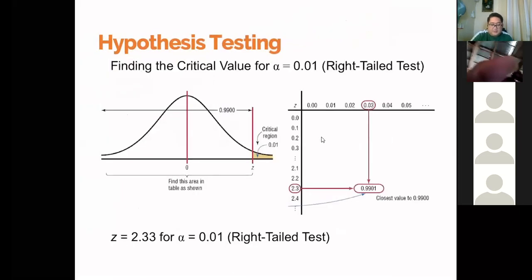Okay? So, ganito yan. Let's say we have 0.01 na probability. Ano daw yung ibig sabihin ng right tail test?